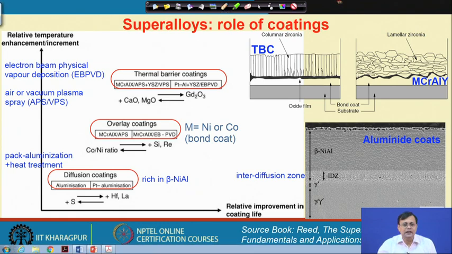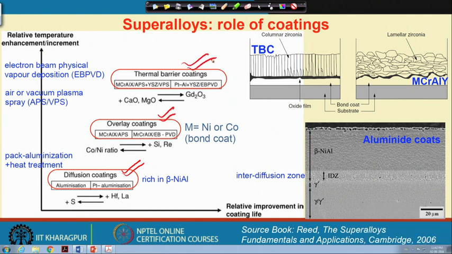There are three major types of coating that have been developed. One is the diffusion coating, another one is the overlay coating, and the third one is the thermal barrier coating. And each coating has its own specific purpose.